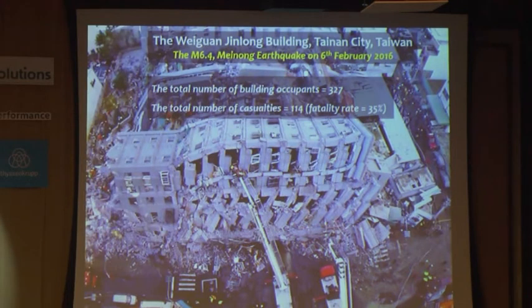About 114 people died because of the building collapse. The fatality rate is about 35%. In the whole city, the number of deaths was 116. So 114 came from this single building. And so one building collapse becomes a disaster, if that building is a tall building.